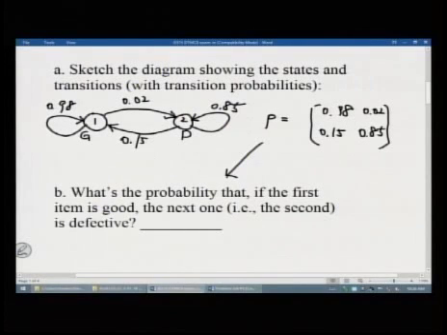Starting from good, you land on defective. So you are looking at this probability, which is P12, which is only 2%. Very easy, right?